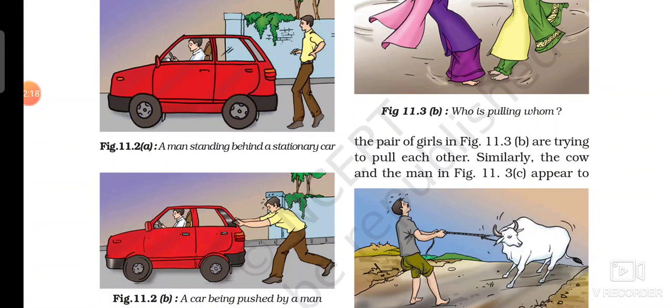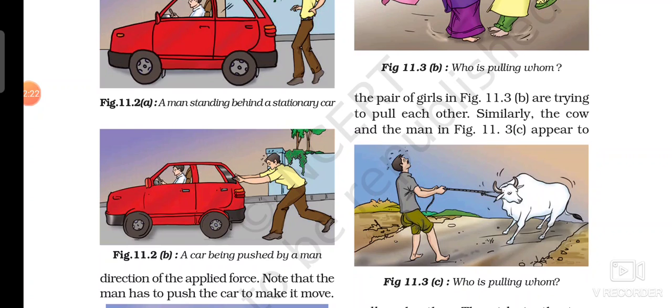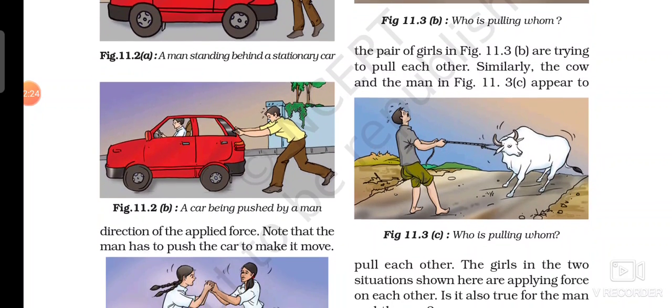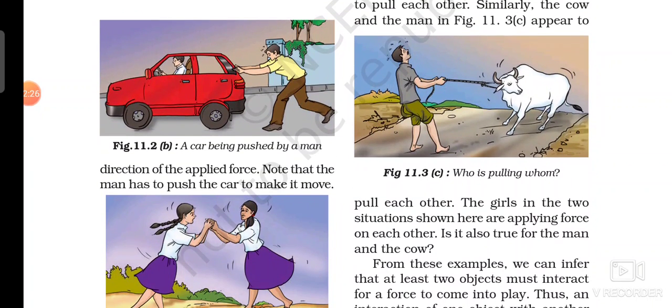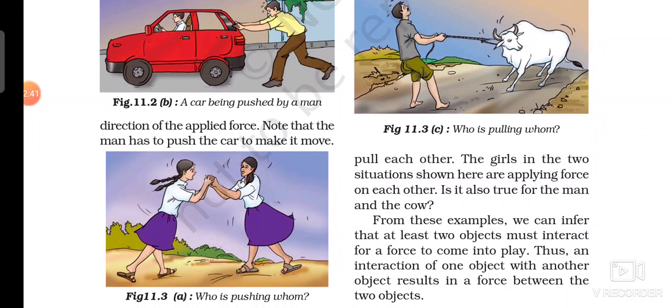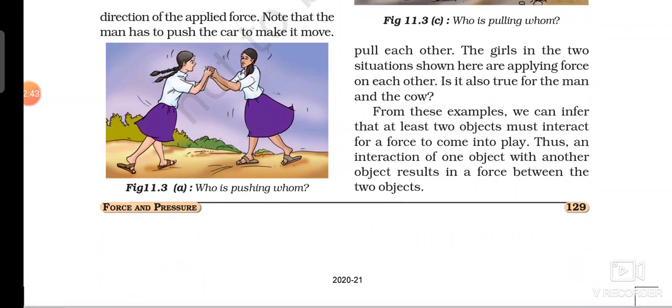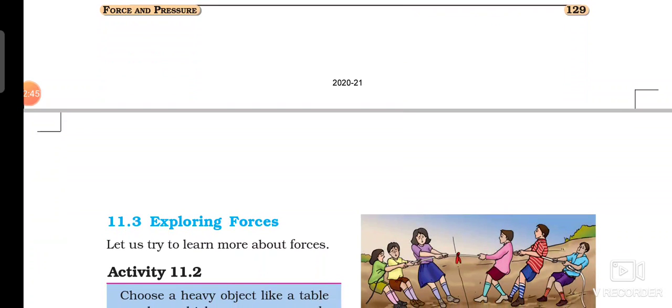He is interacting with the car and hence he can apply force on the car for the movement. So whenever you want to apply force on any other object, interaction between the two objects is necessary. Then and only then can force be applied.